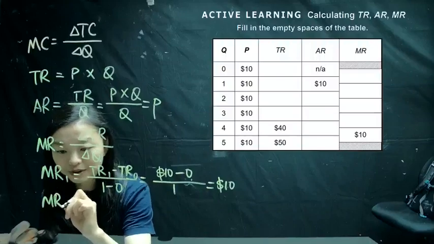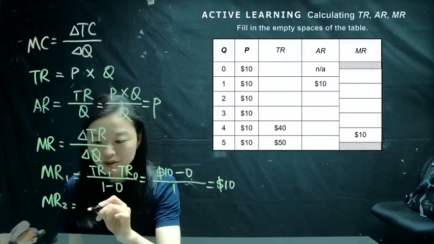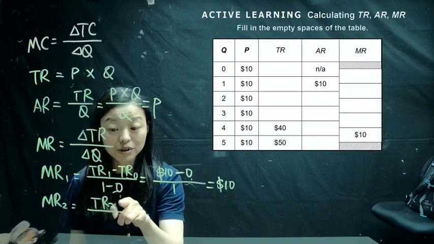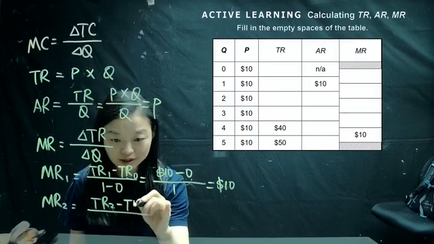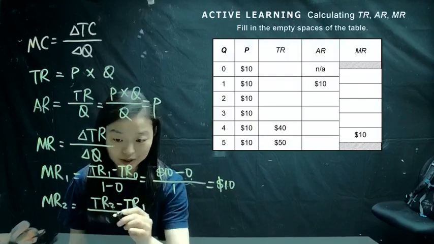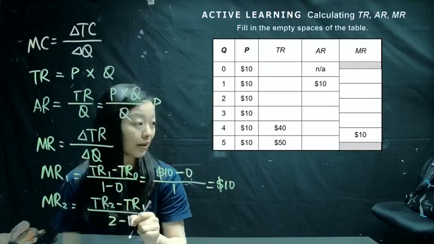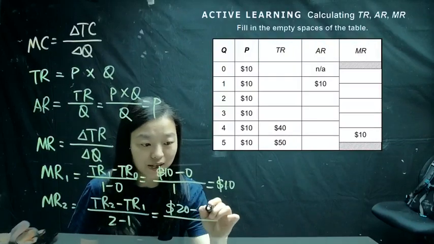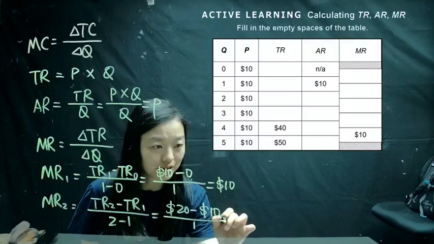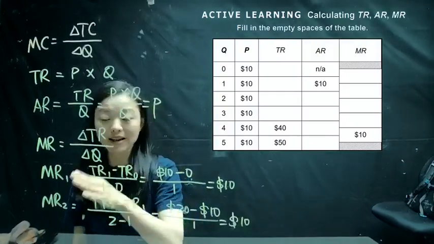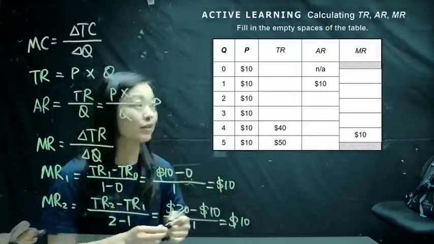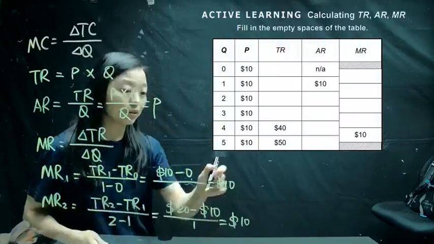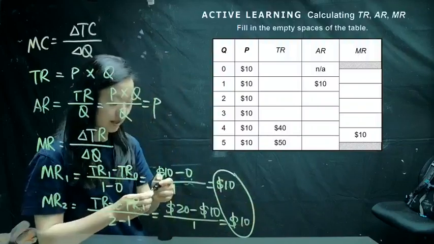How about the marginal revenue with 2 units? We take the total revenue with 2 units, subtract the total revenue with only 1 unit, and divide by 2 minus 1. So $20 minus $10 divided by 1 is still $10, etc. You can compute the marginal revenue at different quantities, and it will be surprising to find that marginal revenue is also fixed at $10.